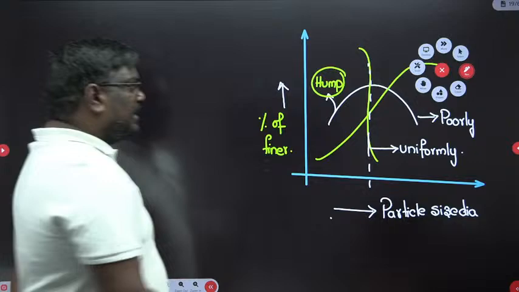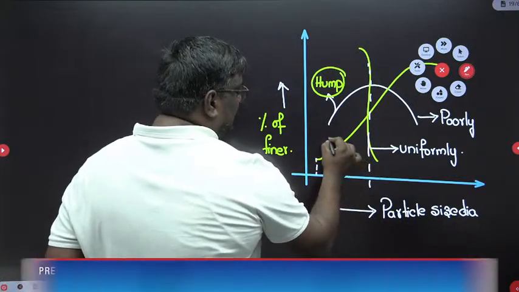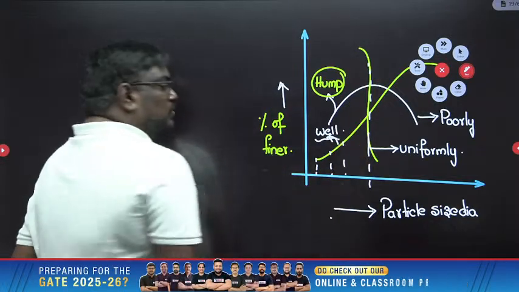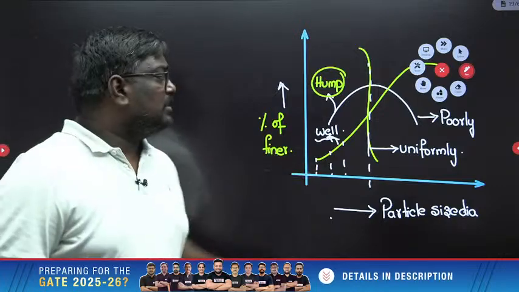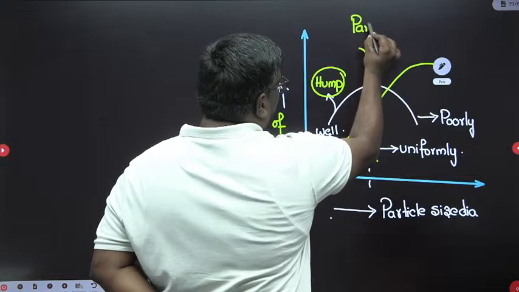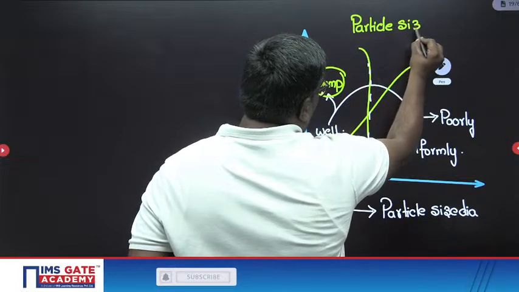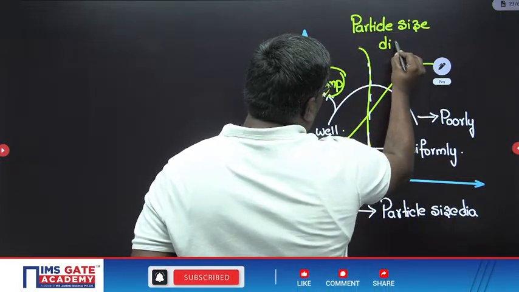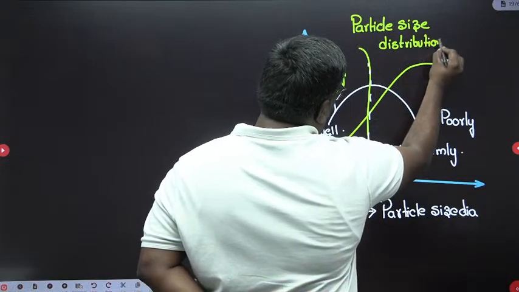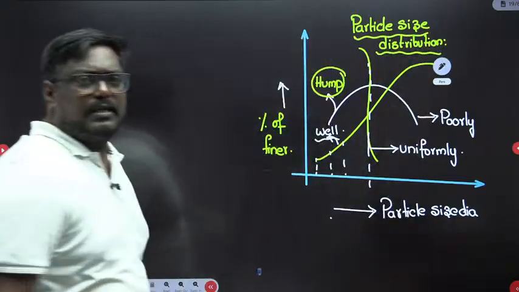Similarly, if you consider the S shape, all the particles are present, so it is called well graded soil. Based on this, we call it the particle size distribution curve.